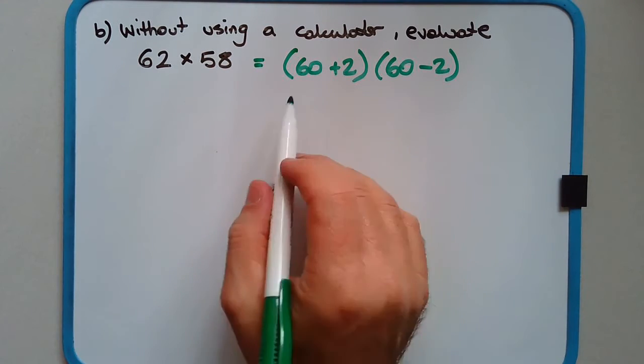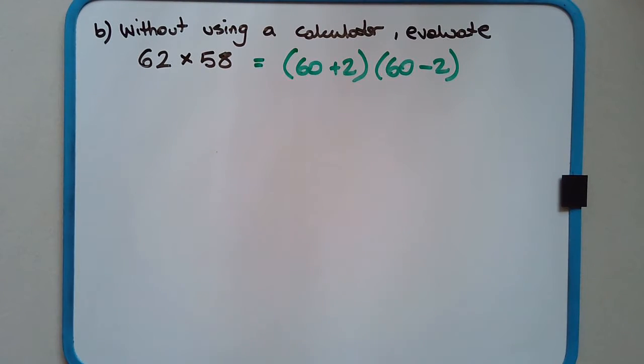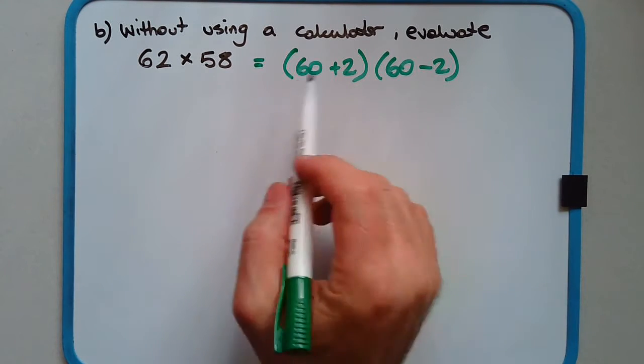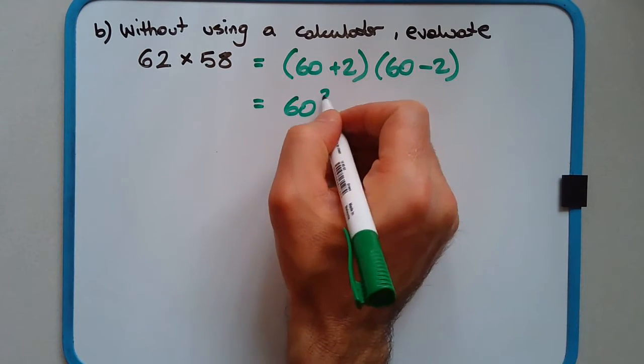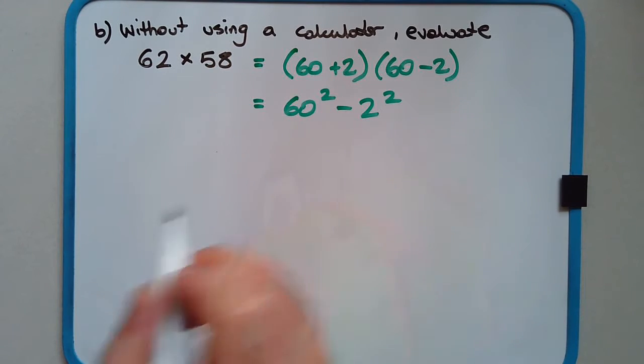Can you see that even though we're not using algebraic terms with pronumerals, we're using actual numbers, that doesn't actually change anything. They're still conjugate pairs. This is still a difference of two squares. So this is really 60 squared minus 2 squared, a squared minus b squared.